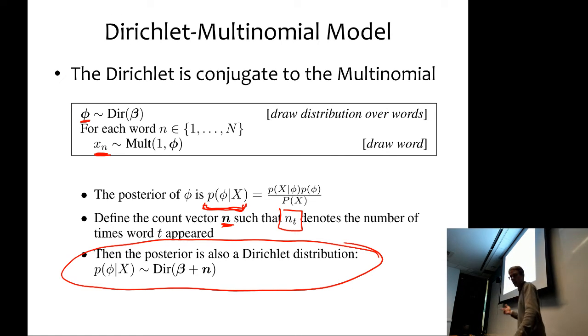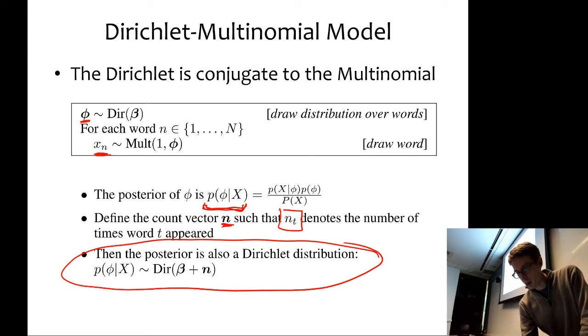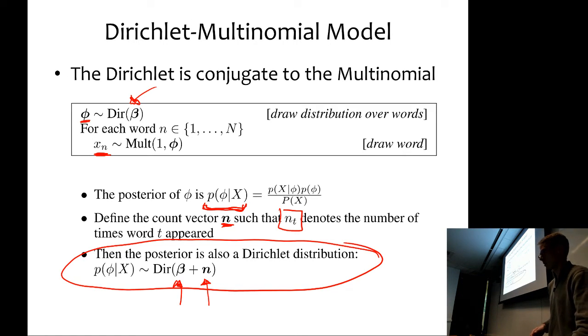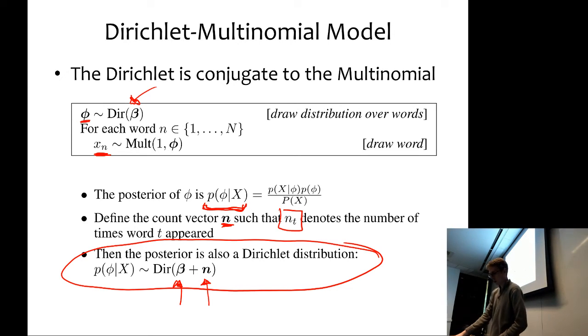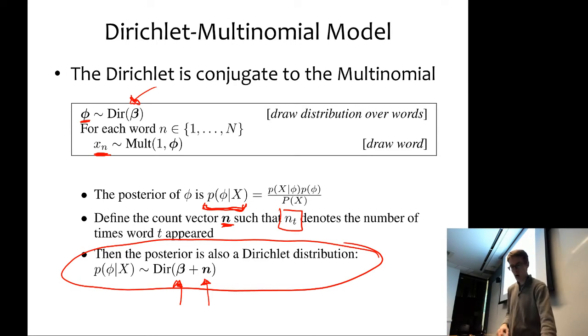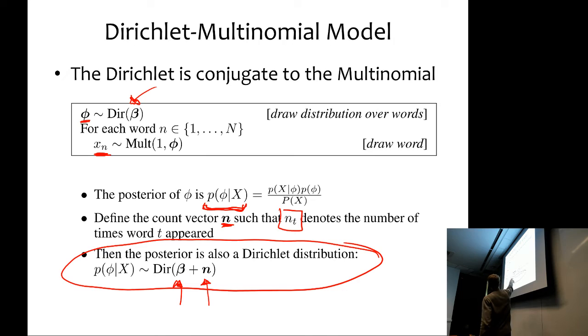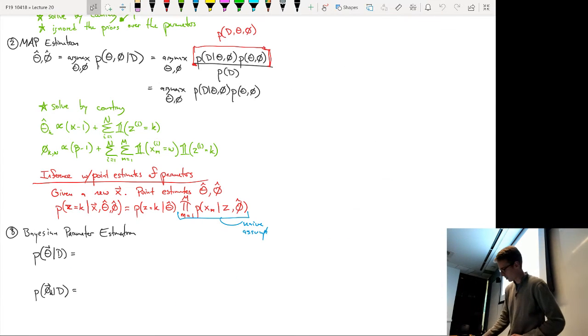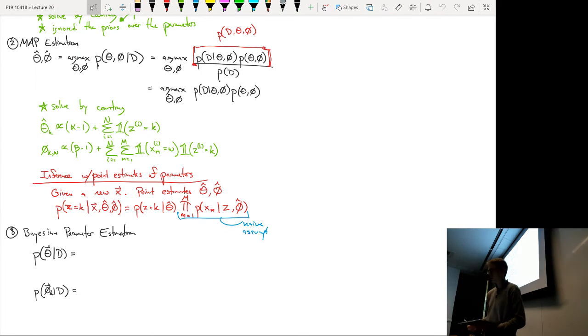The parameters of that Dirichlet are the hyperparameters beta plus that count vector n. Okay, so then the question would be, why does this happen? Why is it that the posterior of this thing is a Dirichlet distribution? Okay, so let's actually go backwards. Let's first look at what the consequent, oh yeah, question.